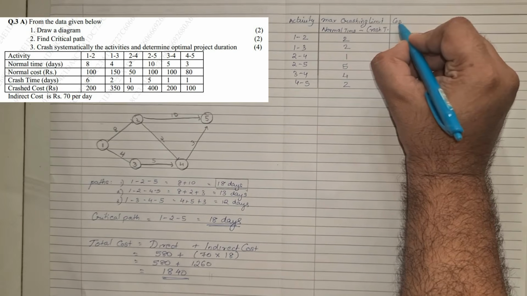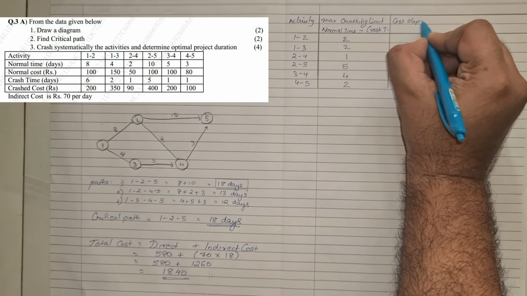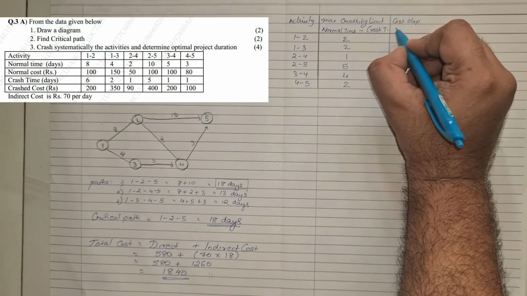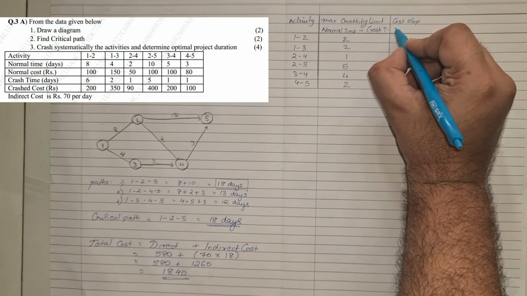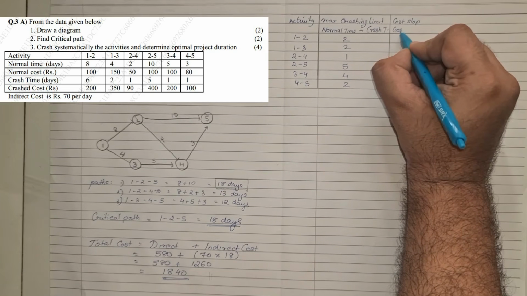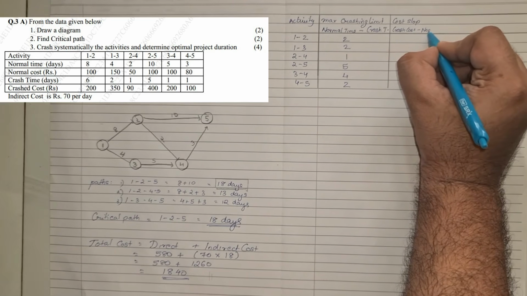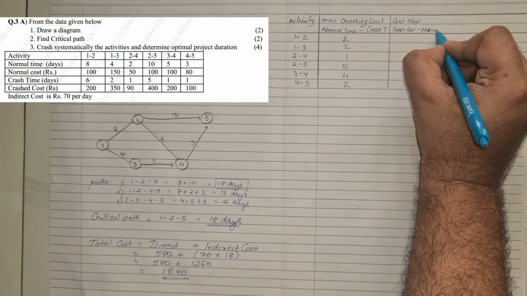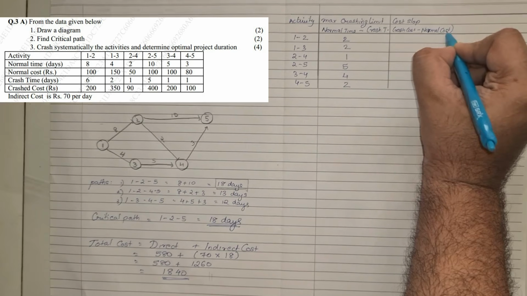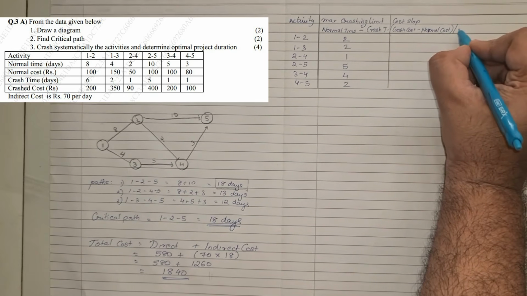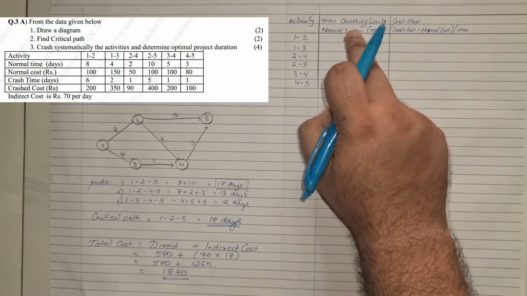Next, we need to find the cost slope. The formula for which is crash cost minus normal cost, the whole thing divided by the max limit that we just now found.